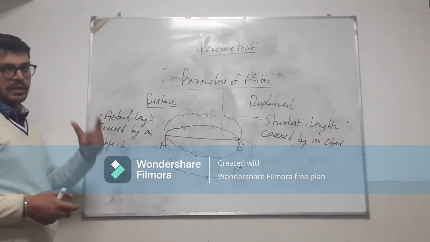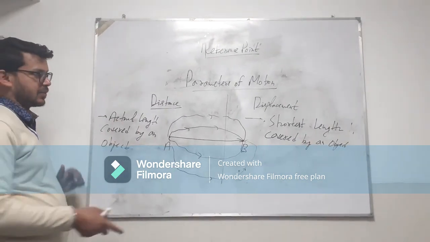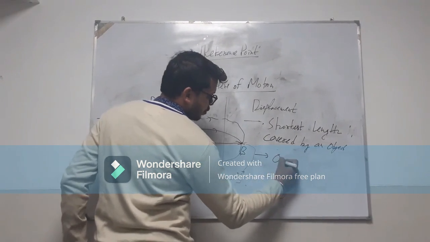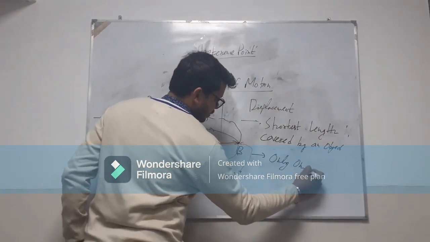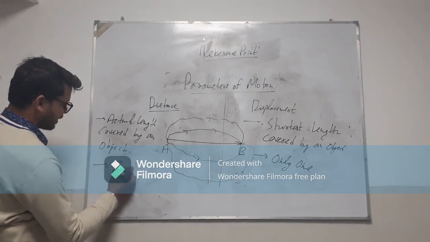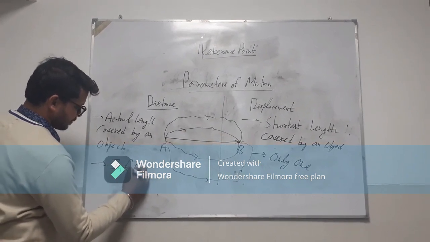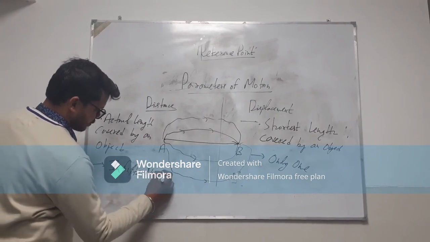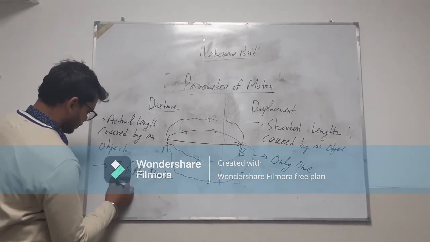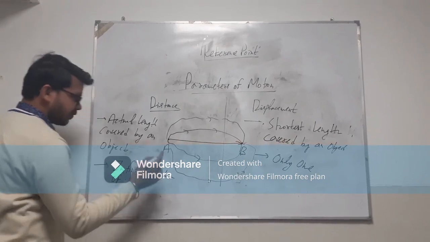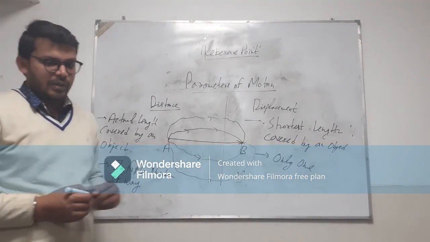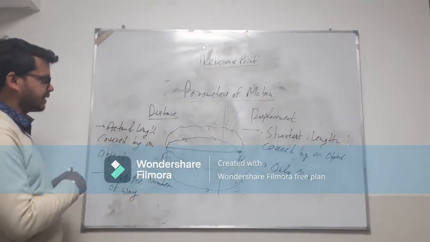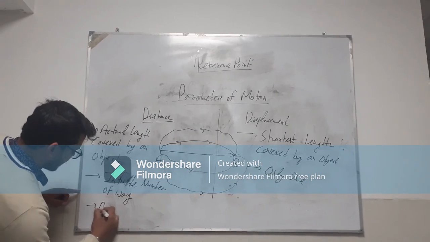Distance can be defined in infinite ways, but displacement will always be only one. And I told you A can also move in a straight line, which means distance can be equal to displacement.